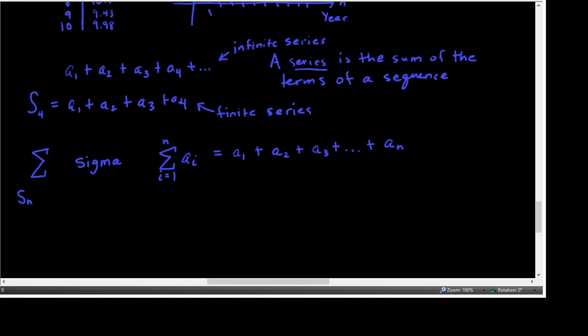S sub n is what we call the nth partial sum of a series. So S sub 4 is the 4th partial sum. S sub 10 would be the 10th partial sum, etc.